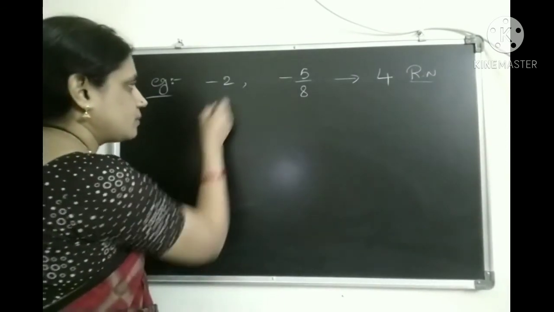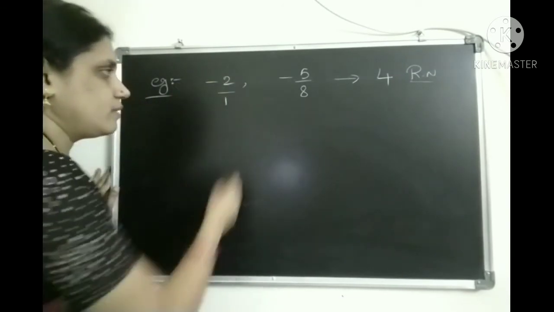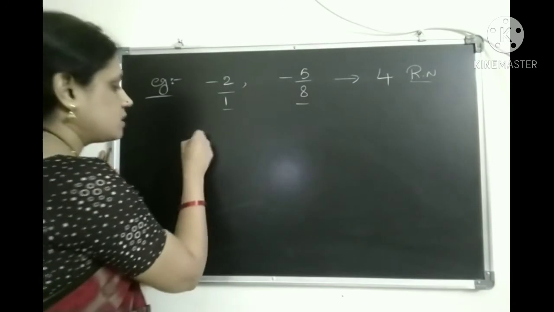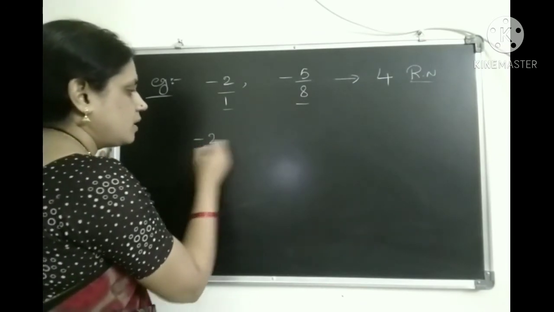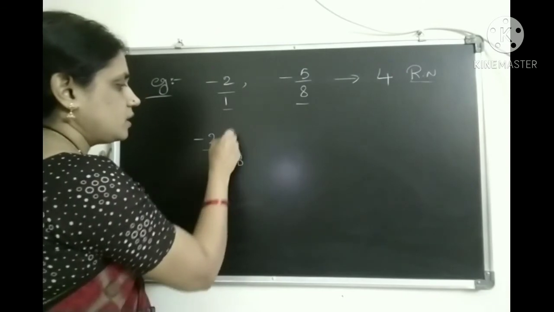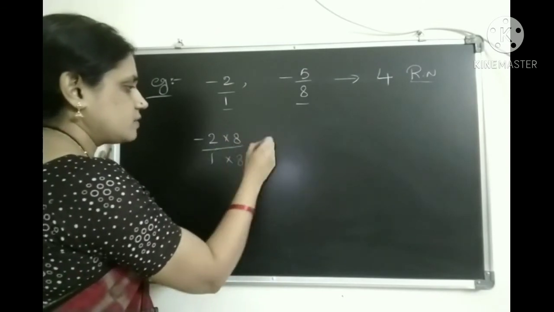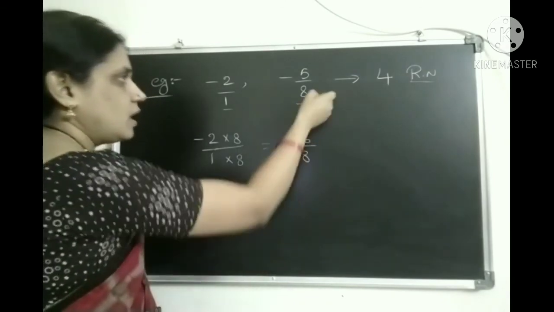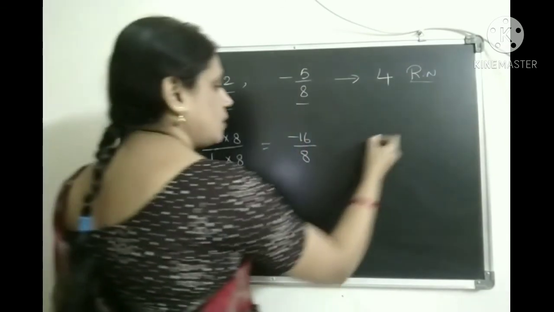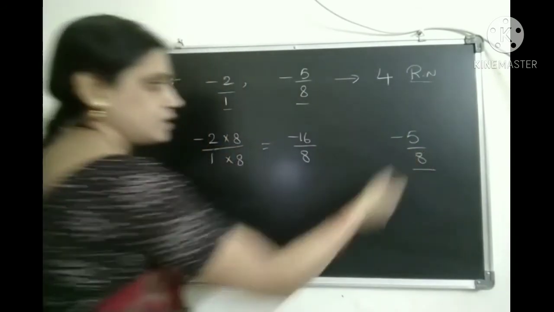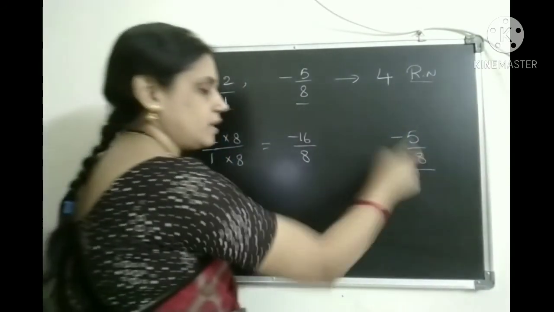Minus 2 can be written as minus 2 by 1. What is the LCM of 1 and 8? That is 8. So we multiply minus 2 by 8, since we want denominator 8. So minus 16 by 8. Here we already have minus 5 by 8, so we need not convert it, as it already has denominator 8.